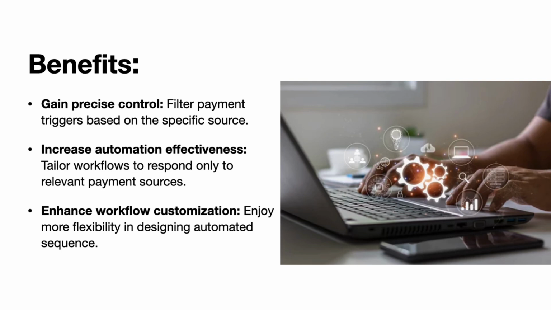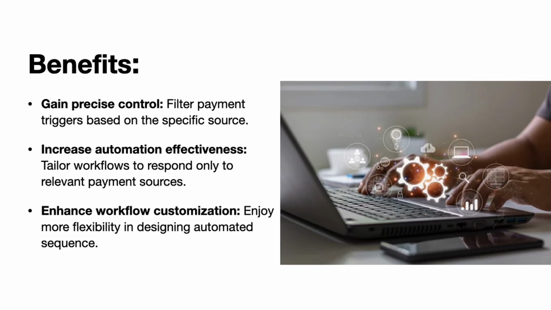Let's talk about those benefits. First of all, you're going to gain precise control. With the filter payment trigger, you can now base that trigger on specific payment sources. You are also going to increase your automation effectiveness because now you can tailor workflows to respond only to relevant payment sources.